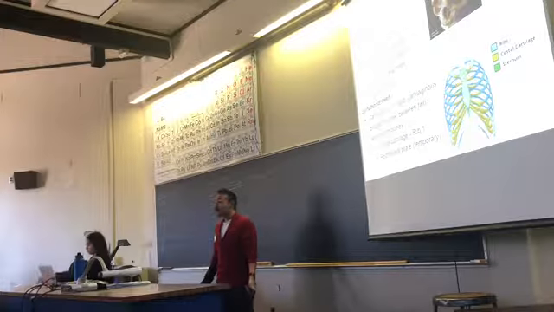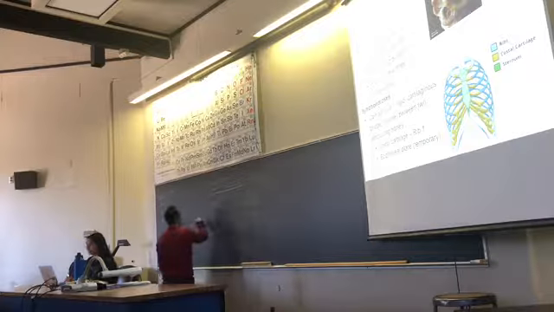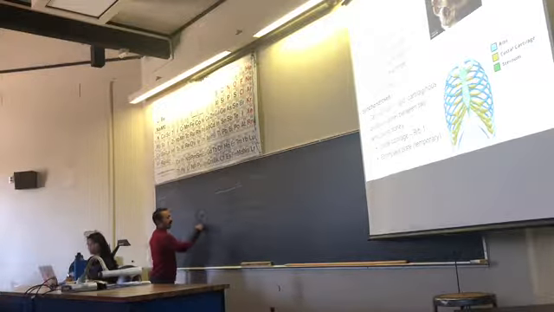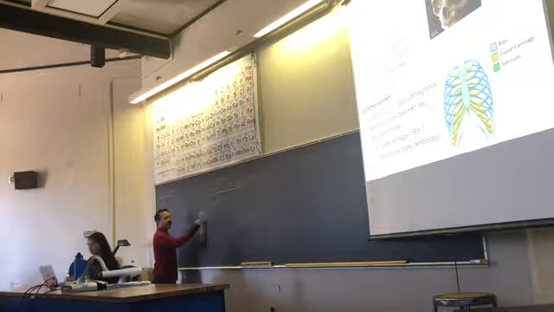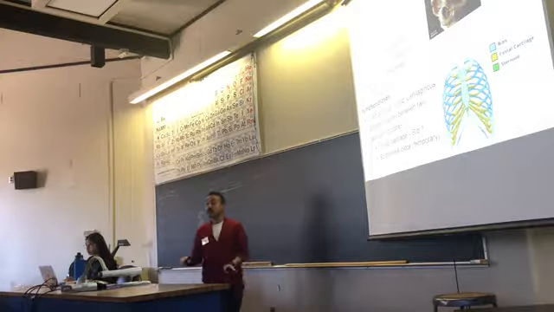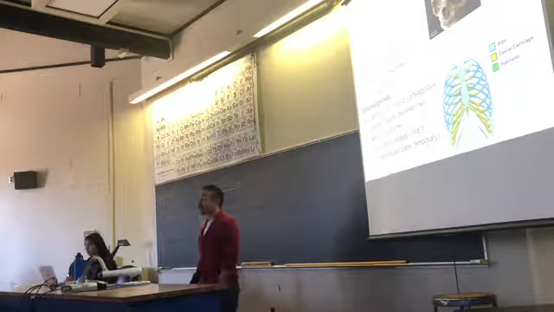Where else have we seen bones fusing together? We've seen this in long bones. You've got your epiphysis, you've got your diaphysis, and then the epiphyseal plate. Eventually, it becomes an epiphyseal line as the two fuse together. That's another example of a synostosis. So all of your long bones have synostoses.